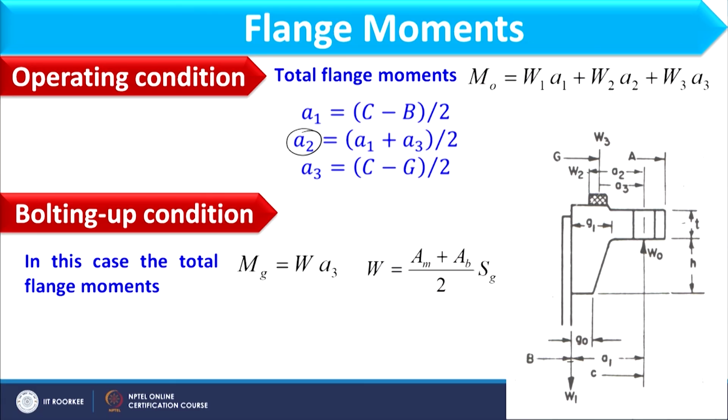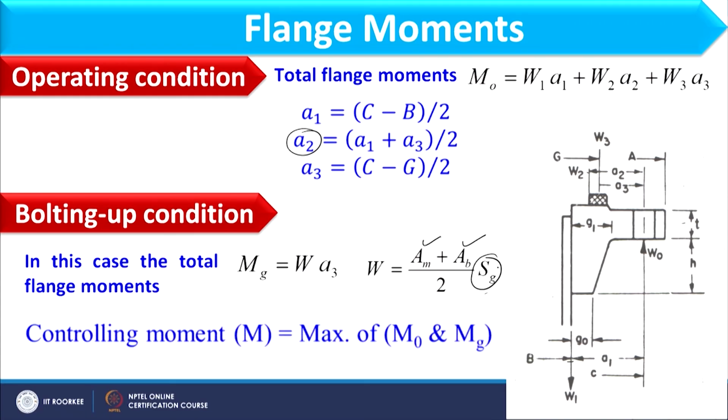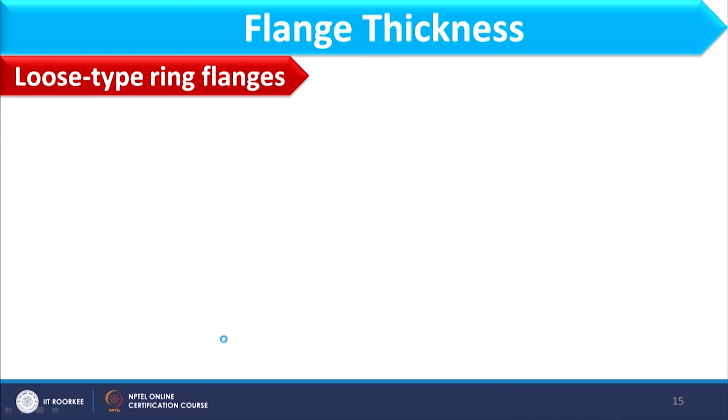Here capital W can be defined as (AM plus AB) by 2 into SG, where AM is the minimum bolt area, and AB is the actual bolt area, that is the actual number of bolts into the root area of the selected bolt. SG is basically the allowable stress of the gasket material, and the maximum of M naught and Mg would be the controlling moment.